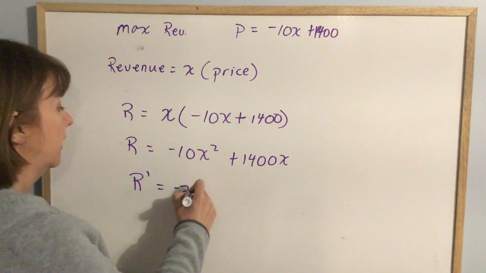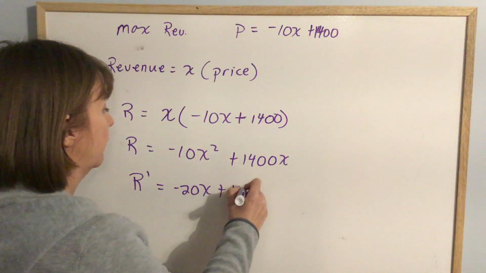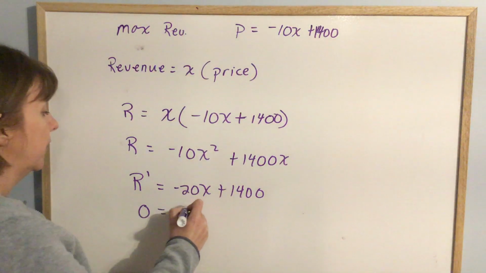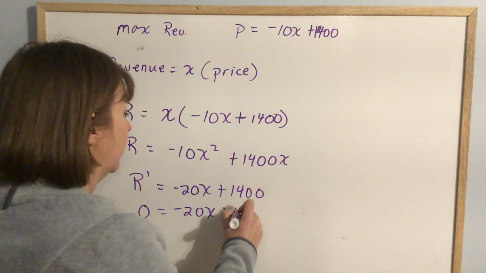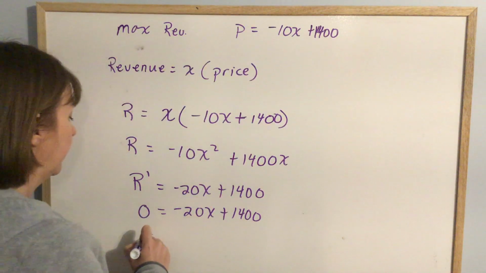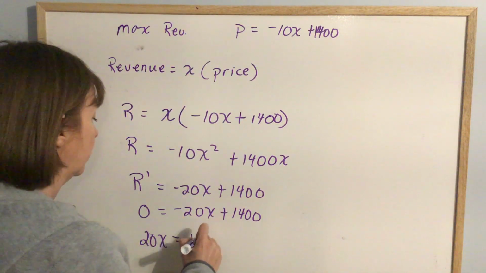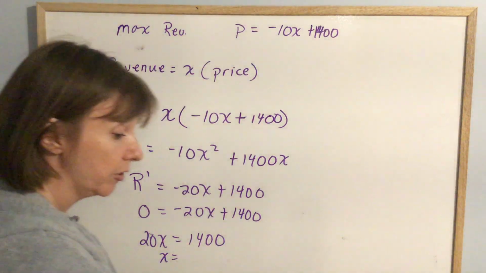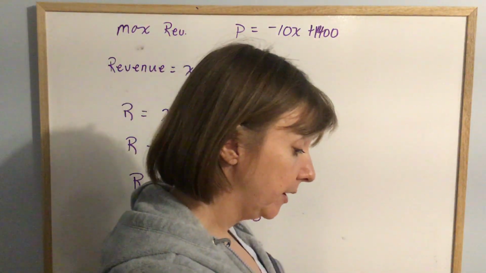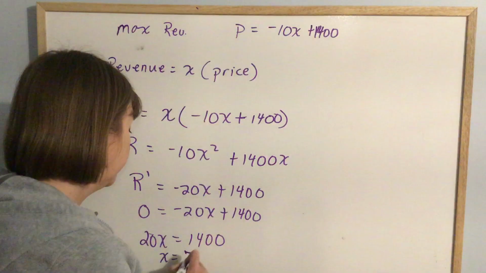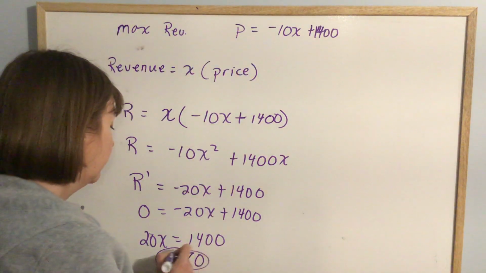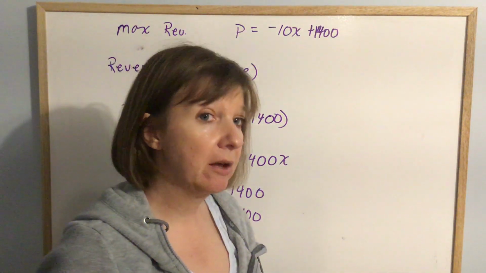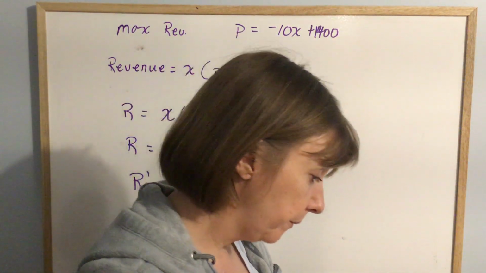And so that's going to be negative 20x plus 1400. Then I'm going to make it equal to 0. Negative 20x plus 1400. And so 20x is equal to 1400. And so x is 1400 divided by 20, which is 70. So if I sell 70 bikes, that's where I'm going to maximize my revenue, okay?